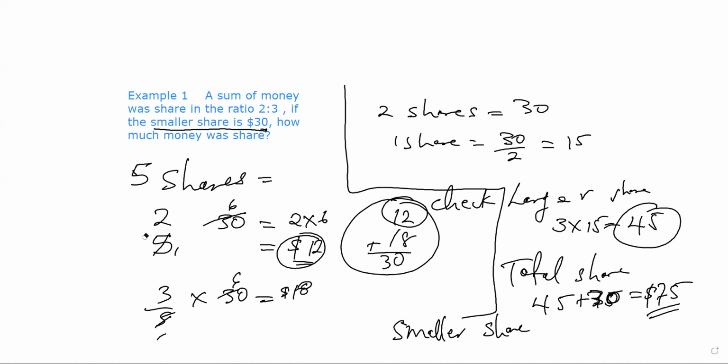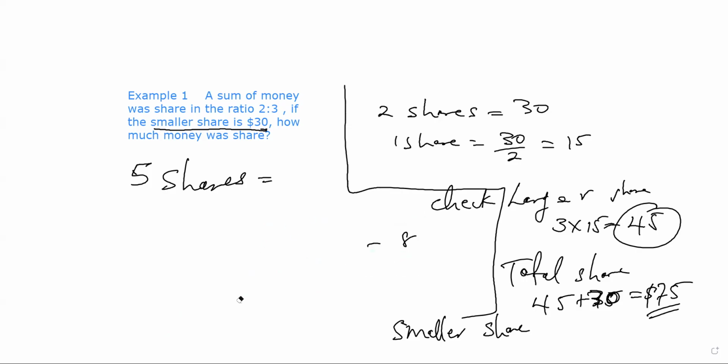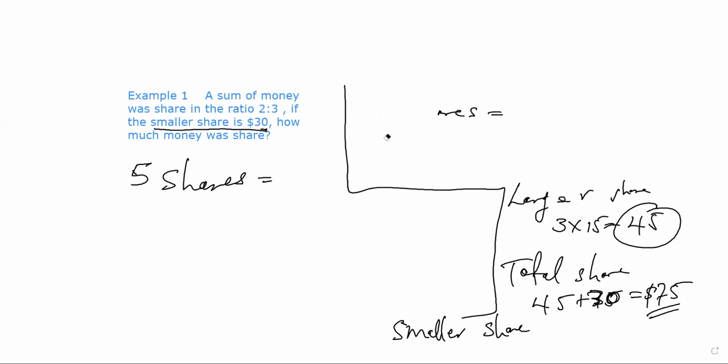So let me just do that. You can choose any one of the methods, guys. So basically, I would do the same thing like what Xavier did, which is to find one share, right? Since they told us that 2 shares, the smaller shares, give you $30, I would find one share as well.